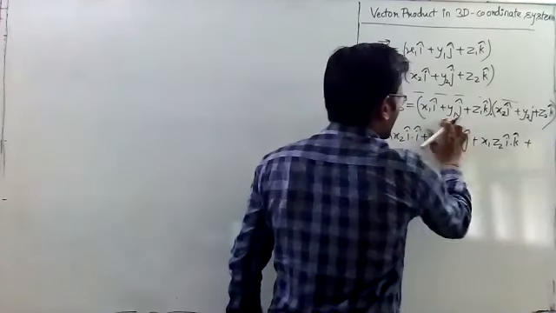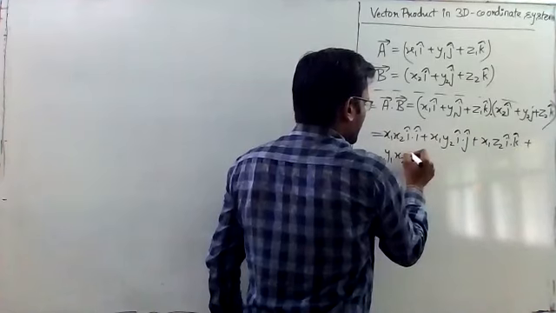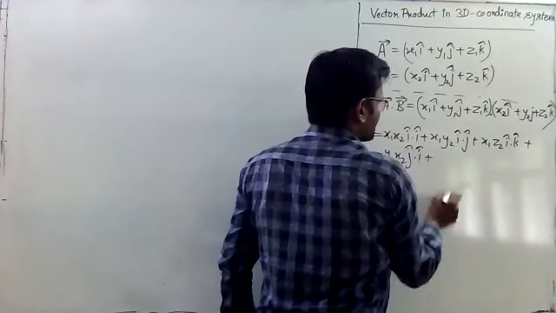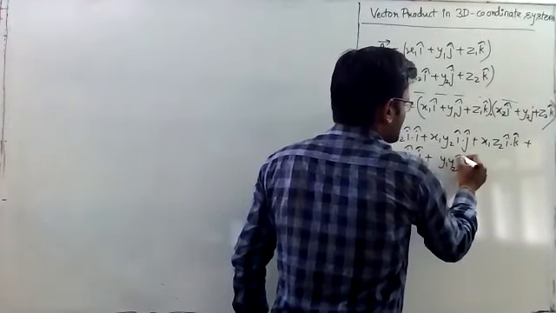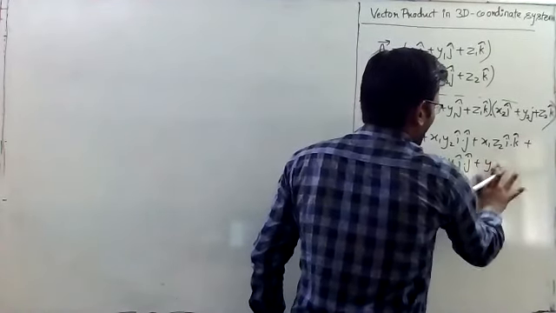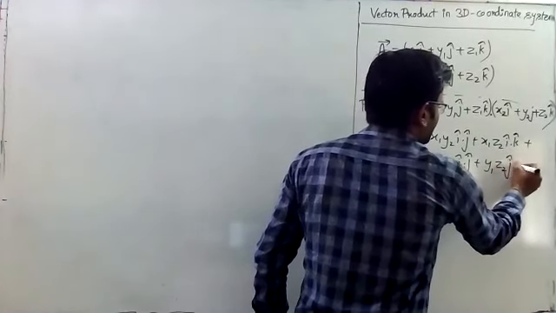Then comes the second term: y1 x2 j dot I plus y1 y2 j dot j plus y1 z2 j dot k.